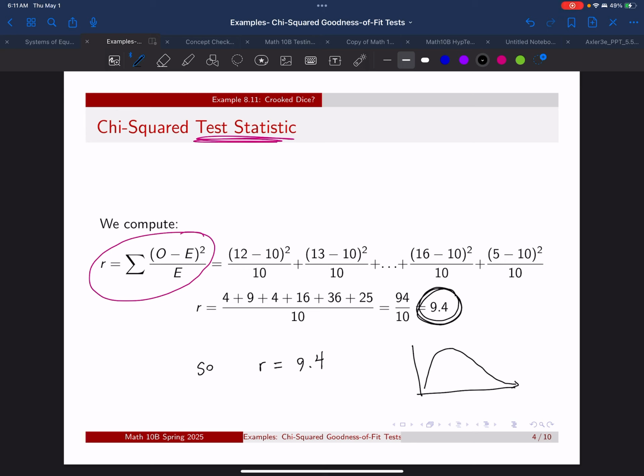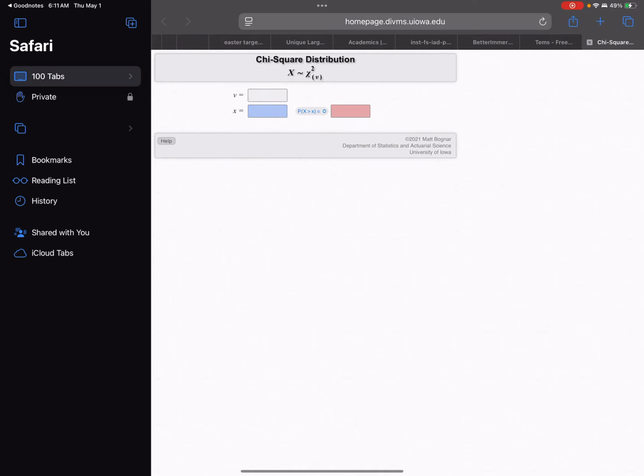So let's go to our applet. I'm going to see if I can airdrop this page. Perfect.